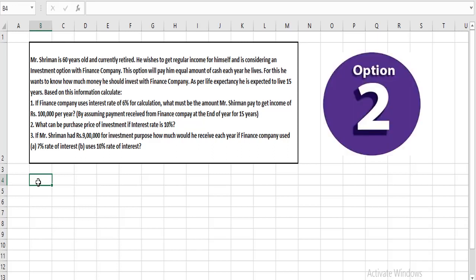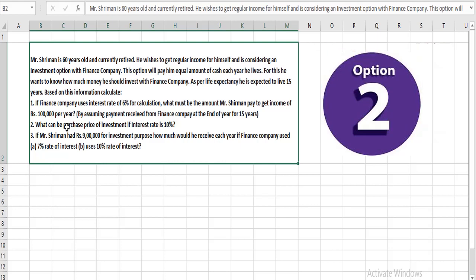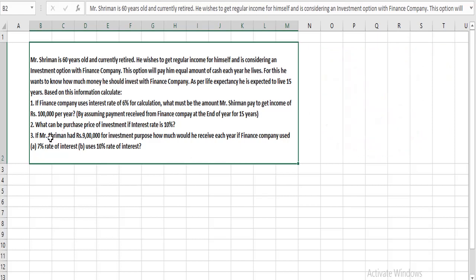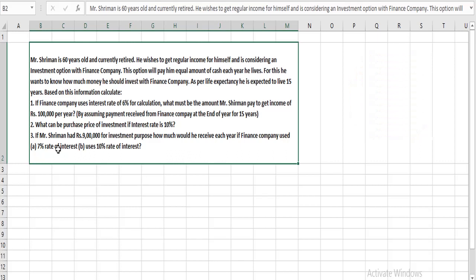In option 2, if the company is going to pay 10% interest instead of 6%, what should be the investment purchase price? How much should Mr. Shriman deposit? And option number 3, if Mr. Shriman has 9 lakh rupees right now and deposits 9 lakh rupees with the investment company, and if the company gives 7% interest, what would be the income Mr. Shriman can generate?